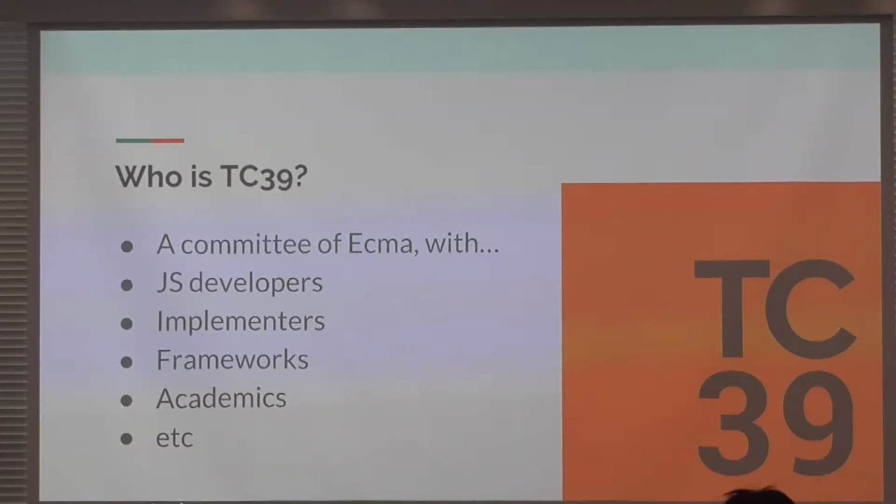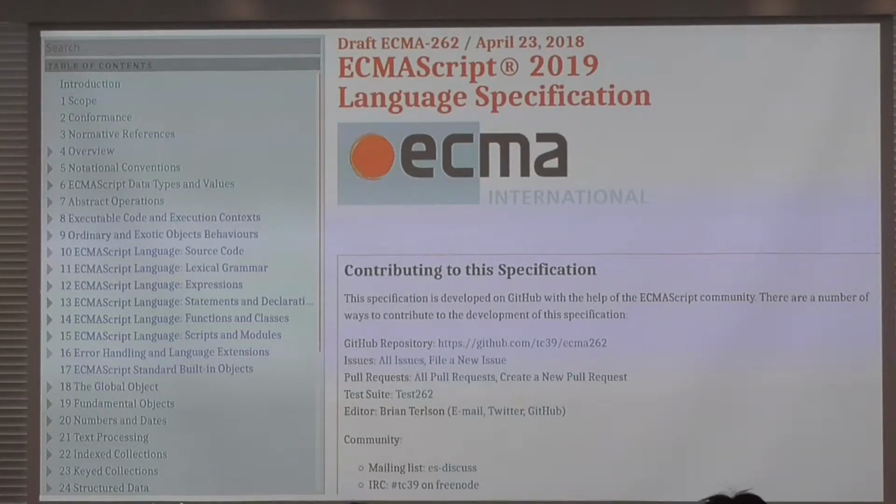We also have academics, people who study programming languages in the abstract, and we all get together to work on this, the JavaScript specification. So I wouldn't recommend printing this out or even trying to read it from the start to the end, because it's 1,200 pages long, but it's this very big HTML document where you could find the exact definition of what JavaScript is, of what happens when you try to run a JavaScript program.